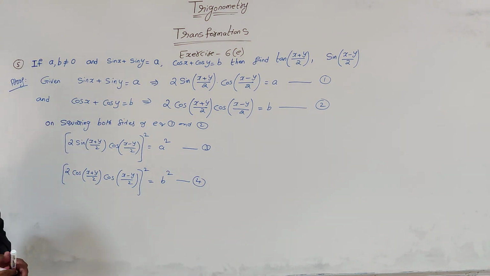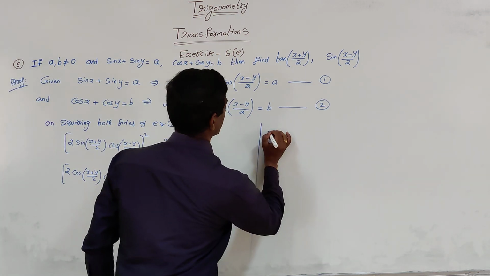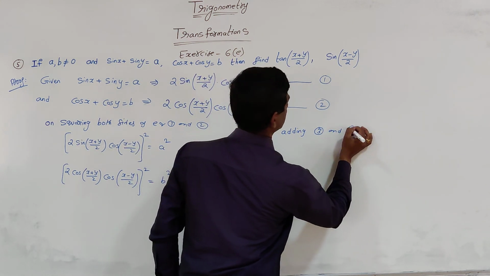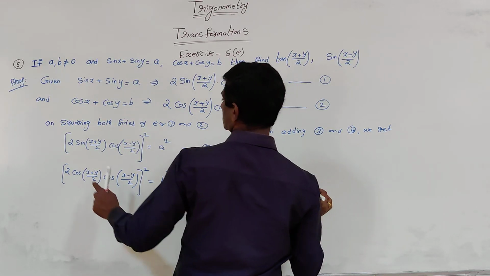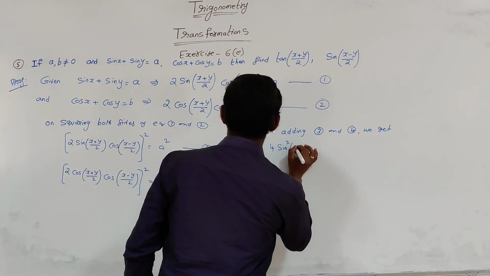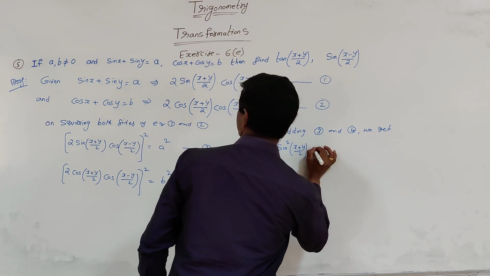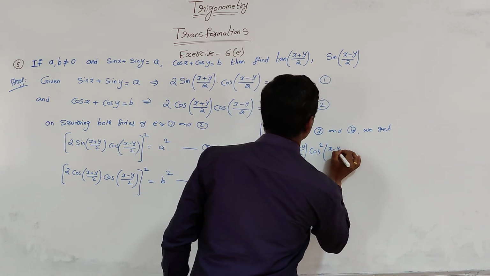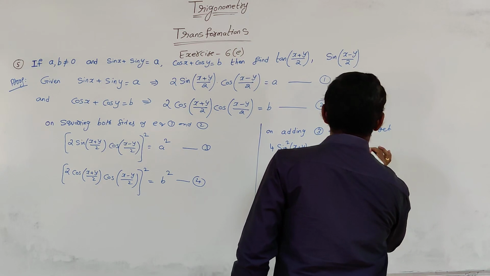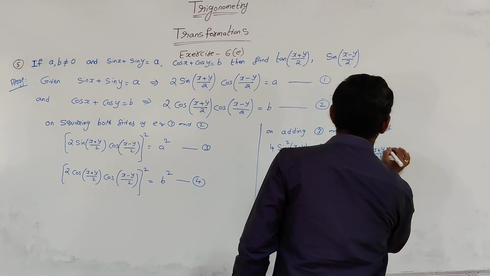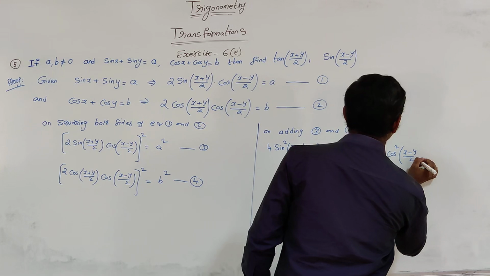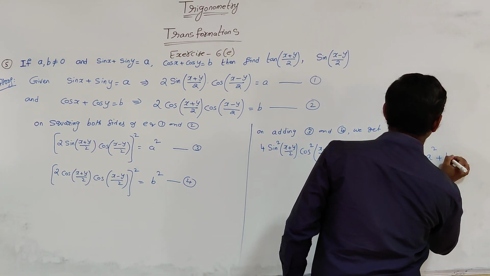Now adding 3 and 4, we get 4 sin square of (x plus y) by 2 cos square of (x minus y) by 2 plus 4 cos square of (x plus y) by 2 cos square of (x minus y) by 2 is equal to a square plus b square.